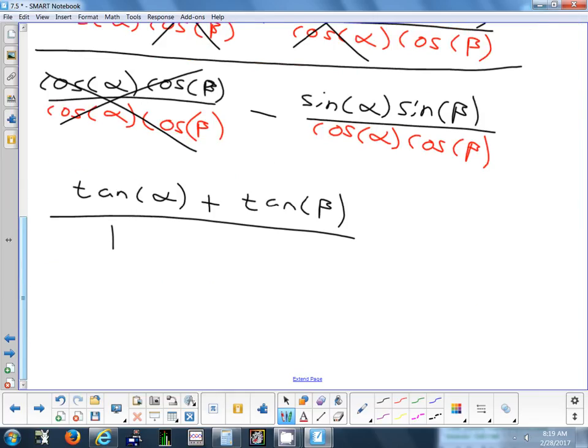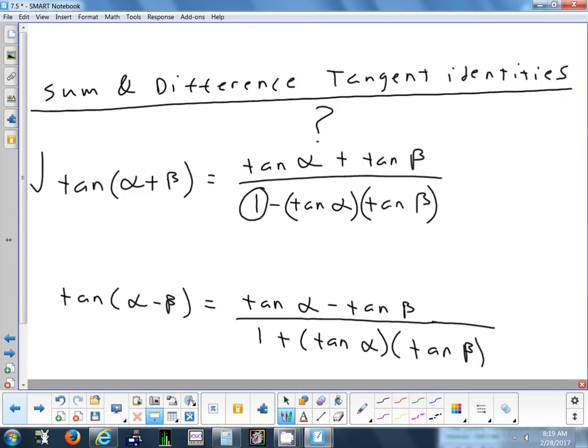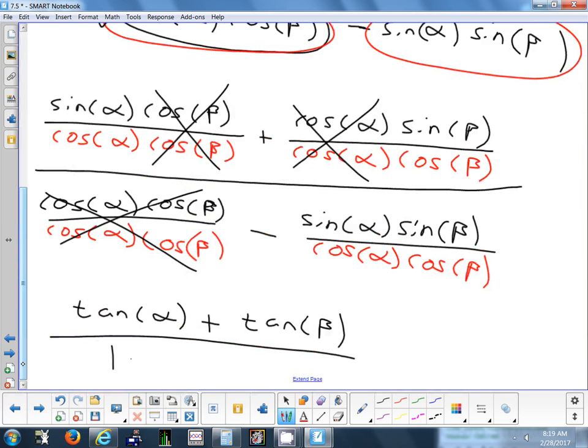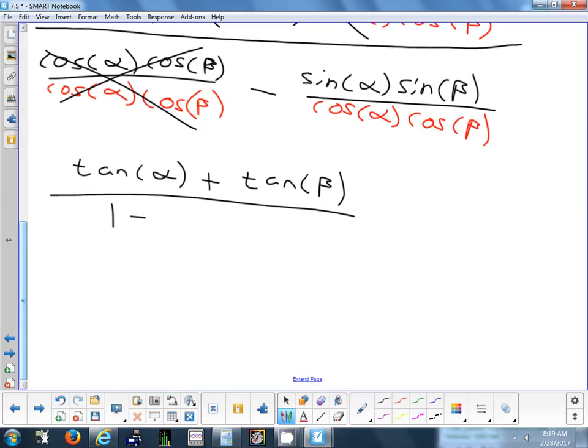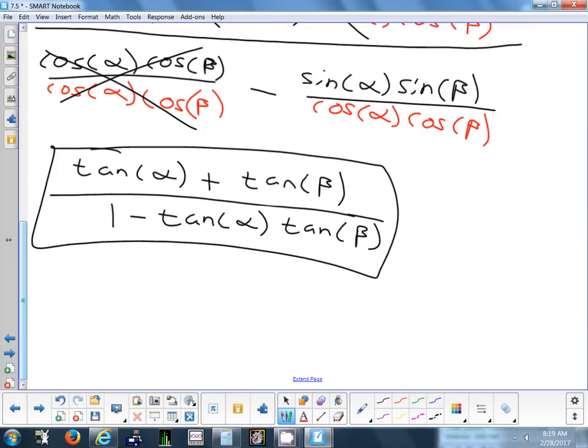So that one works. And the last one, we have minus. What's sine alpha divided by cosine alpha? Tangent alpha. And what's sine beta divided by cosine beta? Tangent beta. And that's where the tangent sum identity comes from.